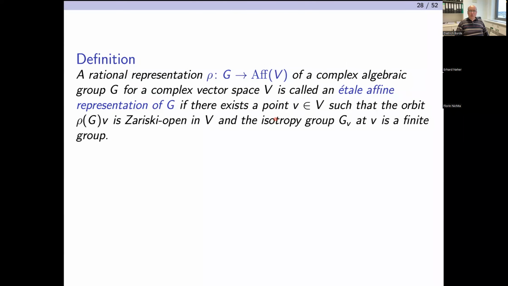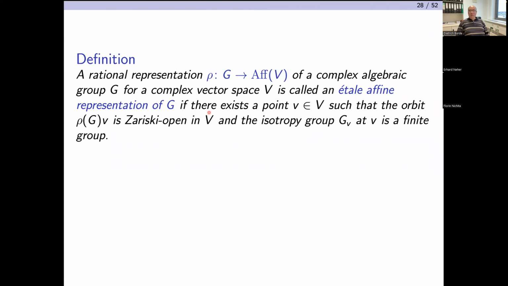Now, what we can do is look at rational representations of complex algebraic groups, it's easier for us. And there's also the notion of an Etale affine representation. That's probably a good setting, because then you can take the Lie algebras here. Not every Lie algebra is the Lie algebra of an algebraic group, but still, it's a very good idea to do this.